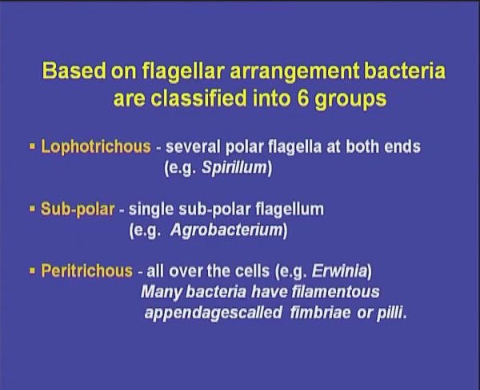In continuation of these arrangements, there is lophotrichous, where there are several polar flagella at both the ends. This is found in Spirillum. Then subpolar, a single subpolar flagellum, found in Agrobacterium. Then peritrichous, where the flagella are all over the cell, for example in Erwinia, and many bacteria have filamentous appendages called fimbriae or pili.